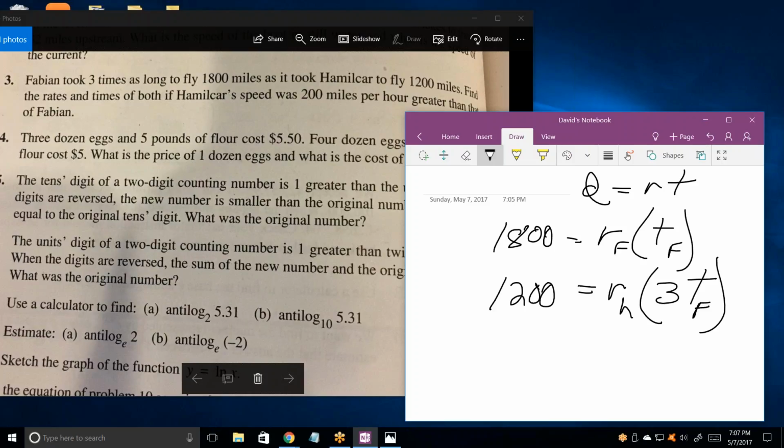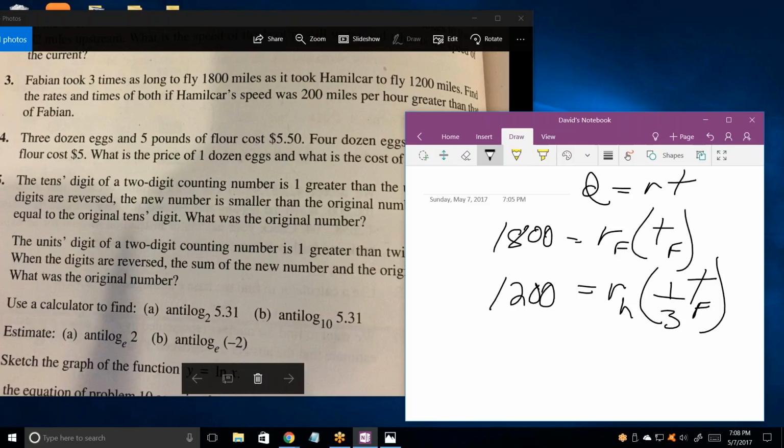I thought Fabian took 3 times as long as Hamilcar, so t sub f would be 3 times. You're right. This is 1/3, not 3 times. In other words, Hamilcar took 1/3 of the time, right?